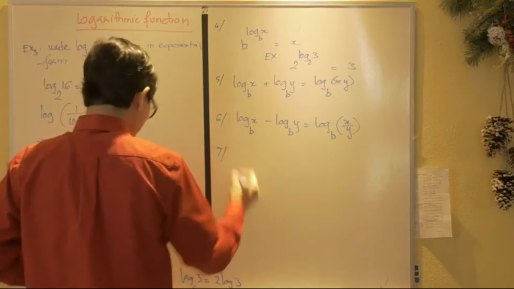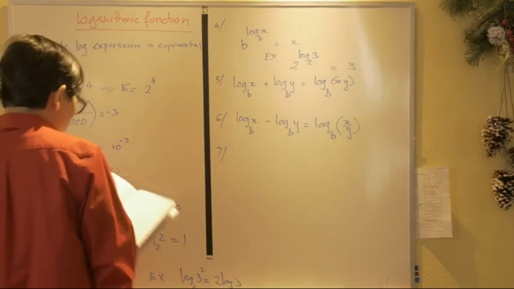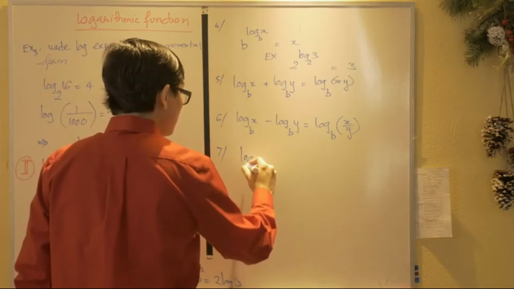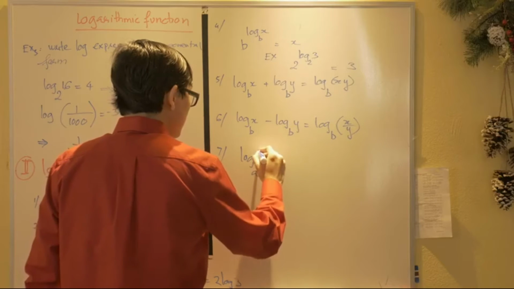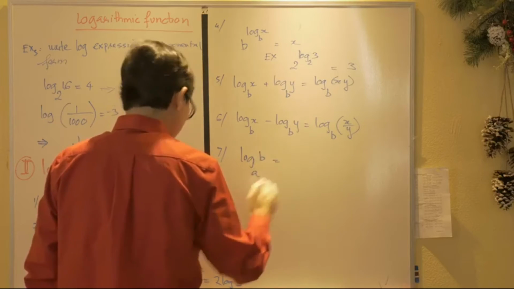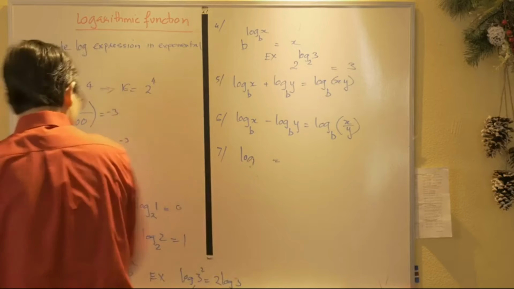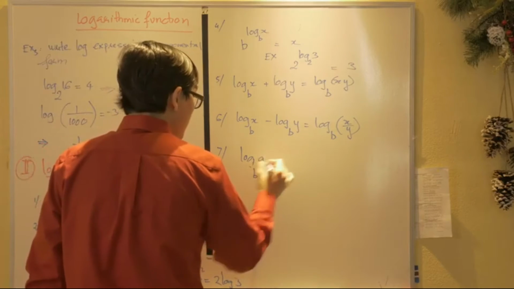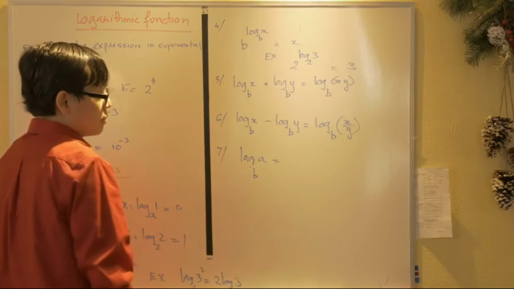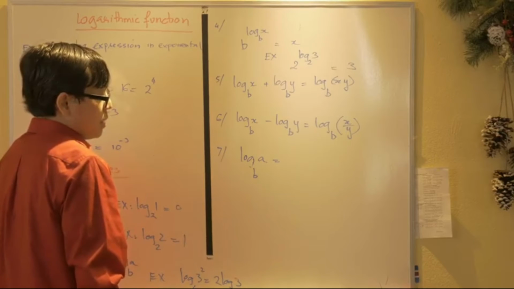Number 7: log base b of a, where a is the argument and b is the base.